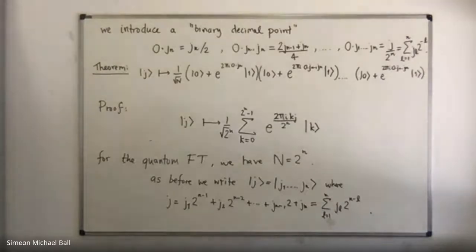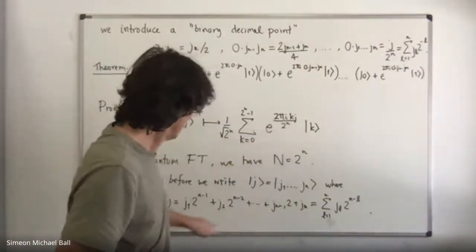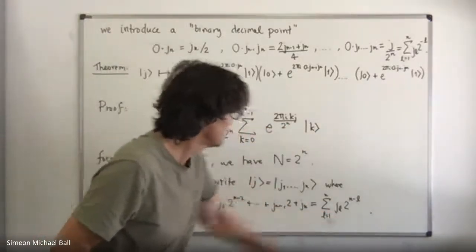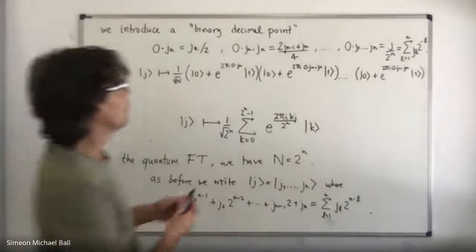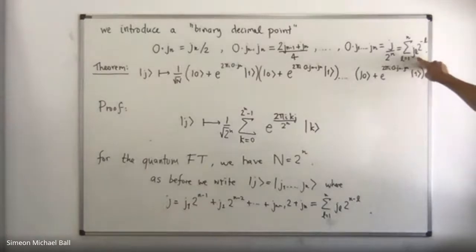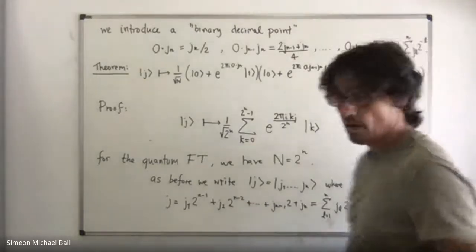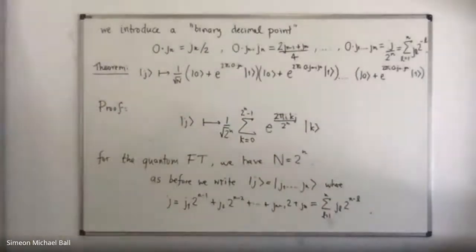So this 2 to the n, this k divided by 2 to the n here, we then use this expression, well, this expression here, where j is replaced by k. Okay, so the idea now is I'm going to replace these k's with k1 to kn.